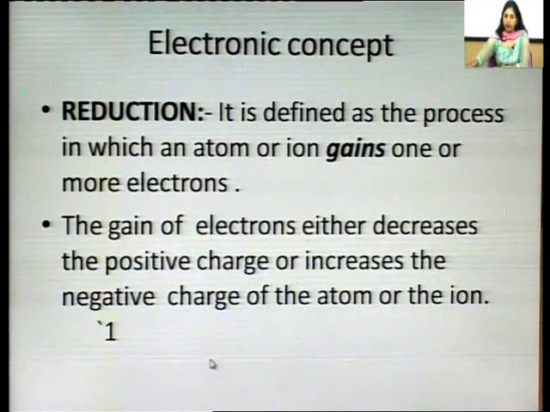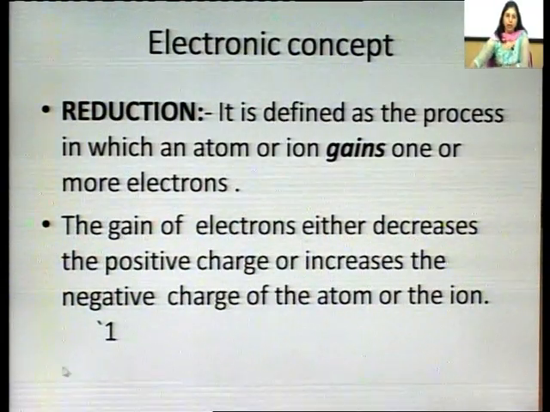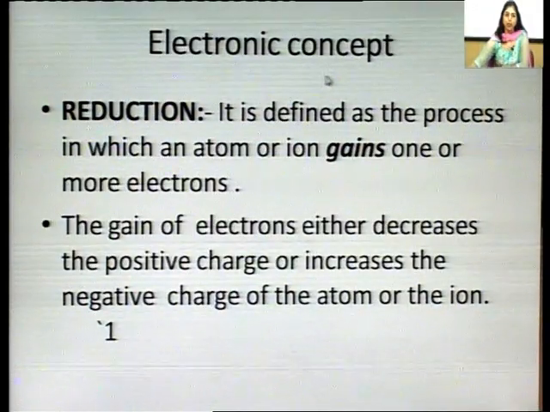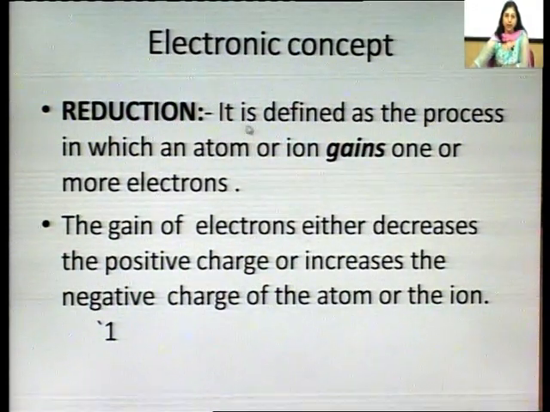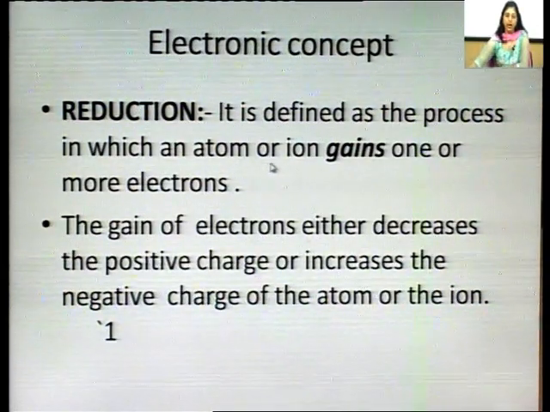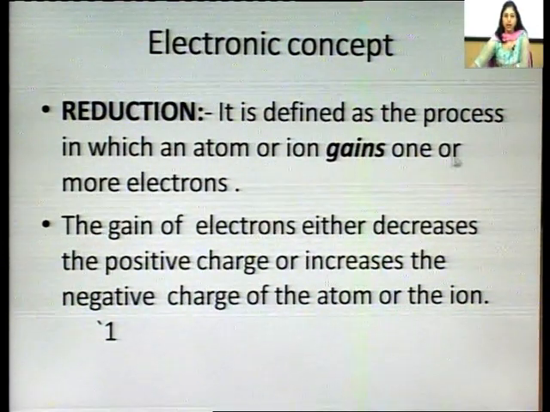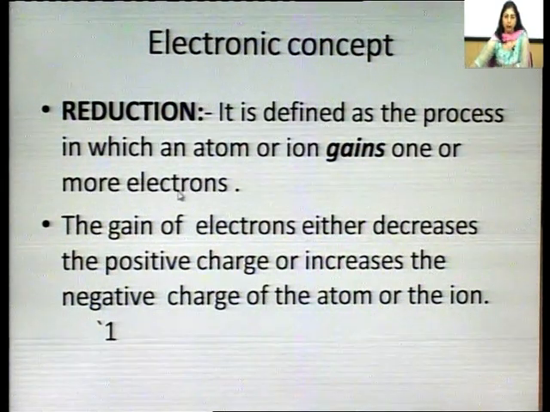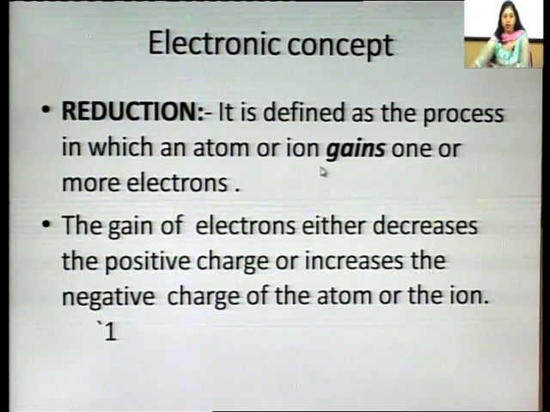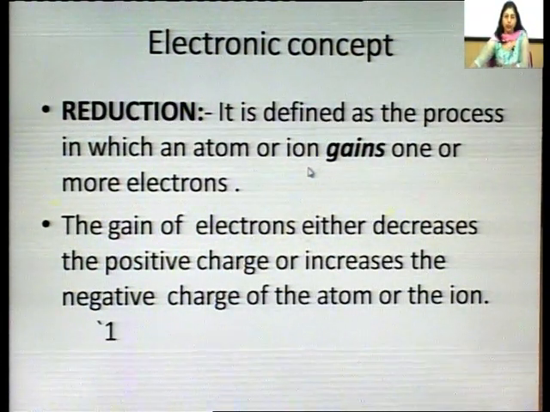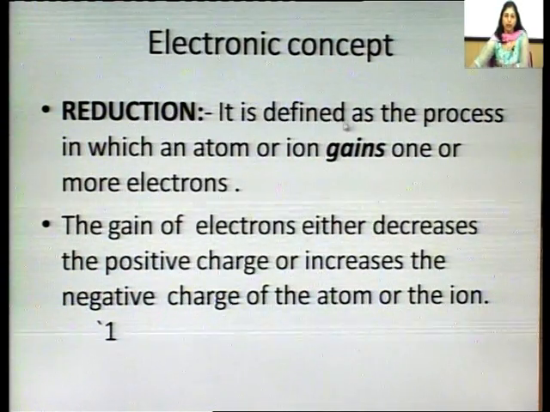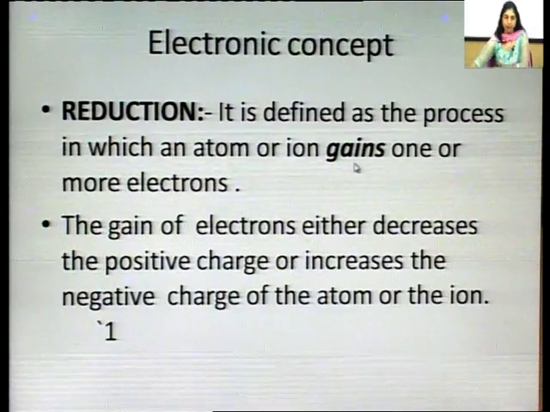Next, let us define the second process, that is, the process of reduction according to electronic concept. It is defined as the process in which an atom or ion gains one or more electrons. That means it is again the reverse of oxidation. There we said that the loss of electrons takes place, but here the gain of electrons takes place.